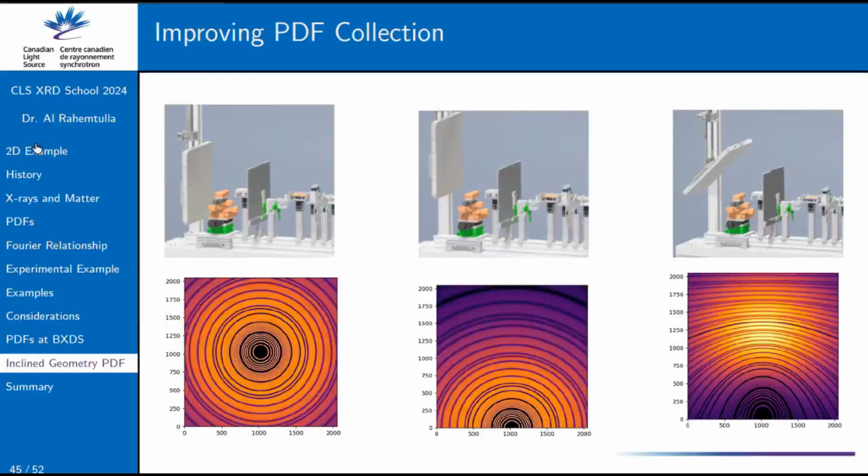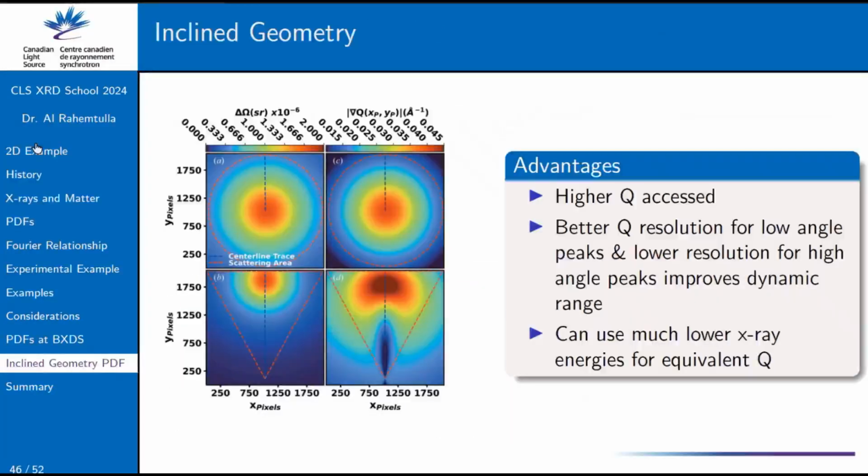And it turns out doing that comes with a lot of advantages. Besides the obvious, that by going to higher angles we get higher momentum transfer, by tilting our detector, all those pixels, especially at low scattering angles, are also going to be at an angle, which means the amount of area they can access, their angular acceptance, gets a lot lower.